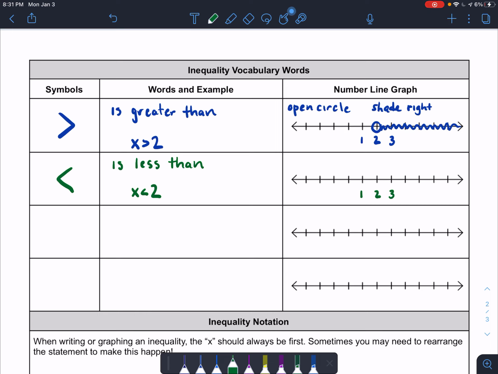We would want to put a circle at our value of 2, and we would leave it open again. This would need to be an open circle, because again, we can't actually be 2. Now if we want to be less than, this will be to the left. And so I will shade to the left of 2.